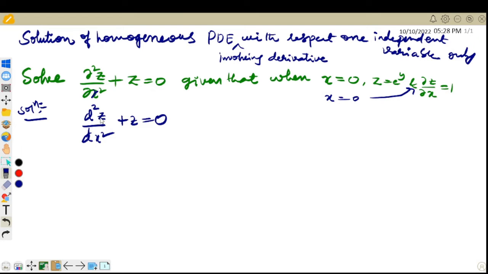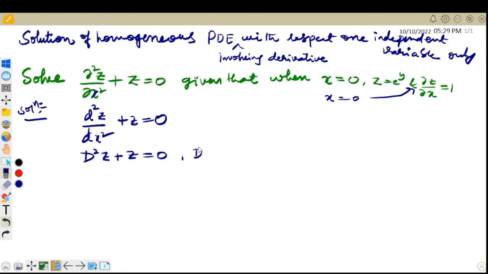Now this is very simple. This is like a homogeneous differential equation in the case of ordinary differential equations.